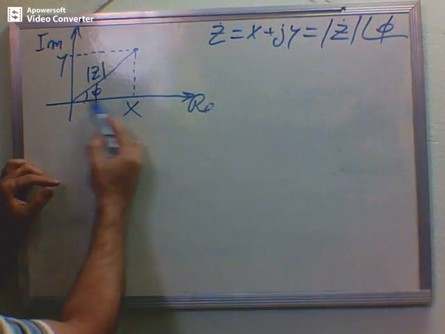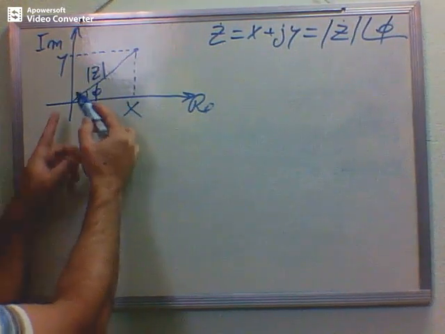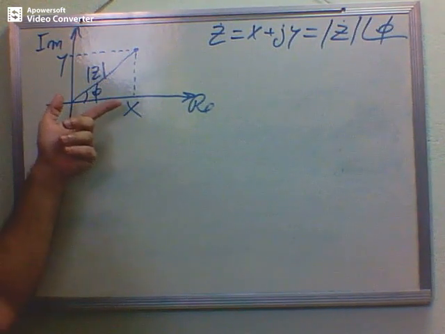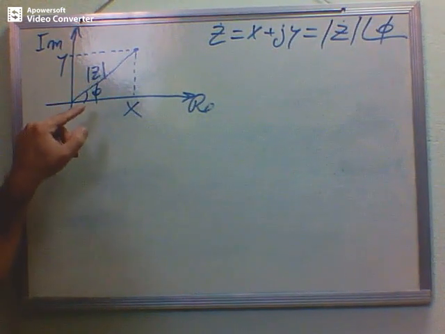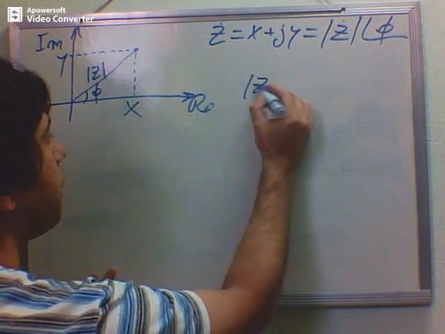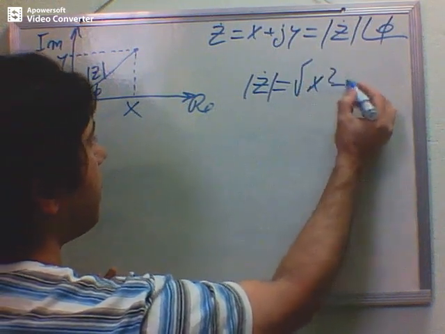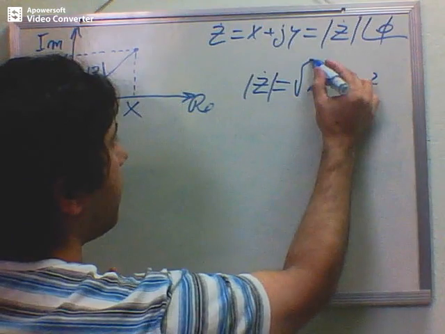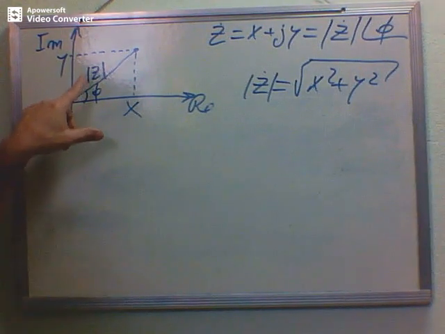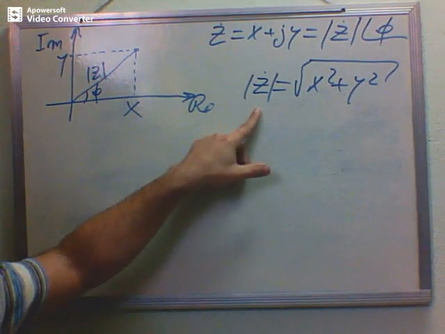See that we have a right triangle here, and the magnitude of the complex number is the hypotenuse of this triangle. We can simply perform Pythagoras. Okay, can you see that we can perform Pythagoras here and easily find the magnitude of the complex number?